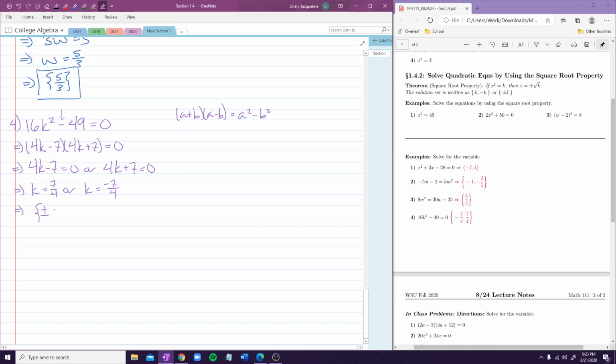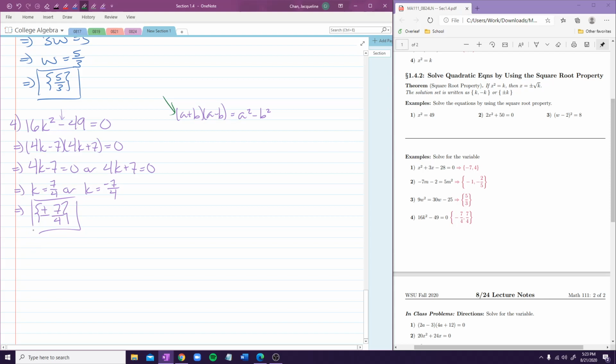Again, I'll let you guys check it on your own, but you should get plus or minus the square root of 7/4. Before I end this, I did see something else that you can do. Some of you may like this better if you don't recognize the difference of squares, but you can still set this up like a square root property.